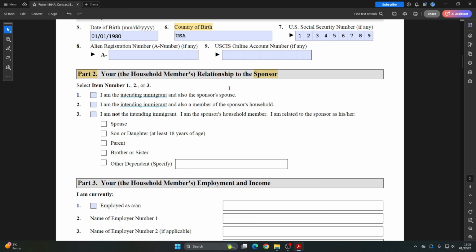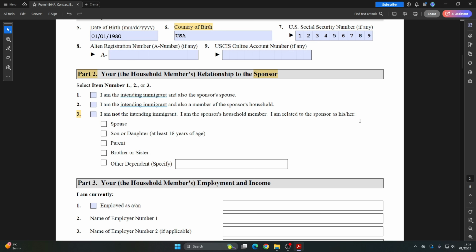And generally, intending immigrants, if they are using their income, do not have to complete this additional form. They only need to do it if they have accompanying dependents. And again, all of that was discussed in that other guide.